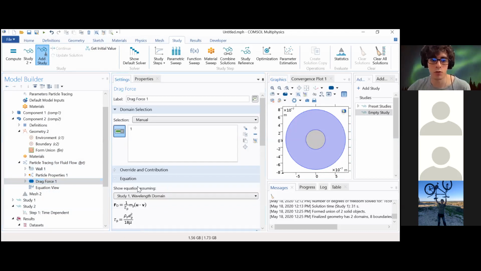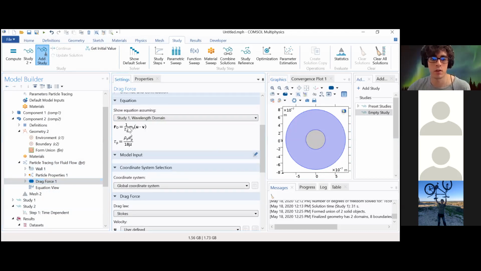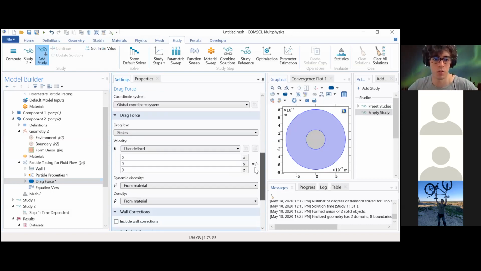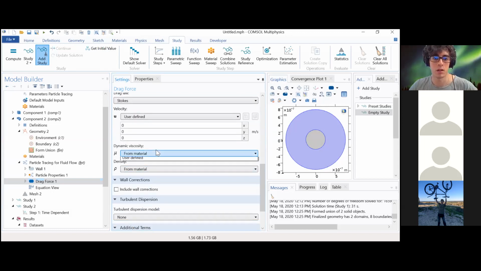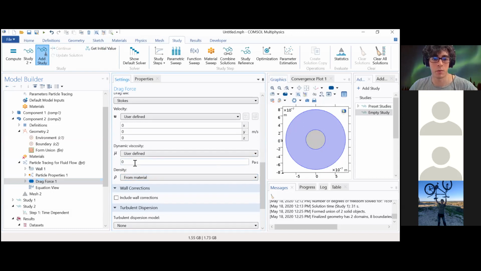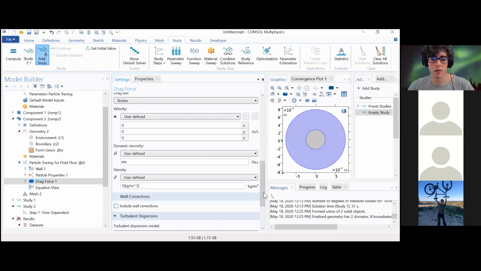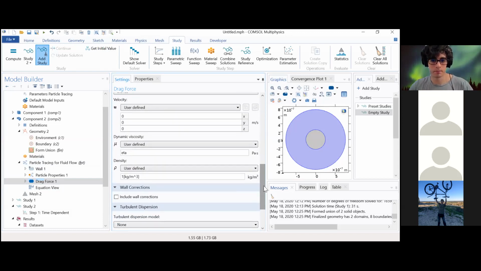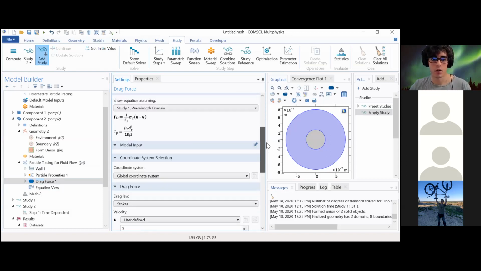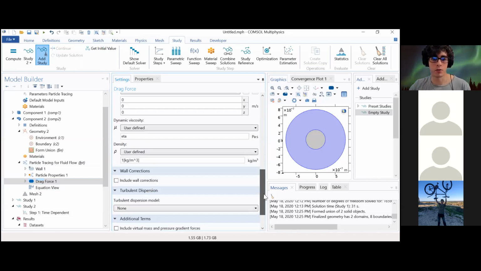In the drag force, if you see the equation, this here corresponds to viscosity times velocity, so a typical drag force. The velocities we will assume are initially 0. And in dynamic viscosity, we will just write the viscosity that we defined in parameters. Also, the density corresponds to the density of your particles.